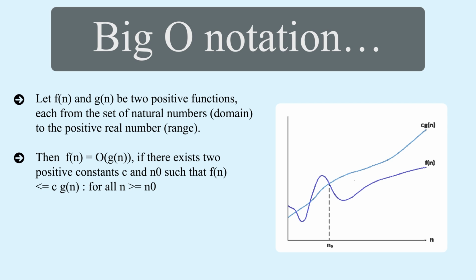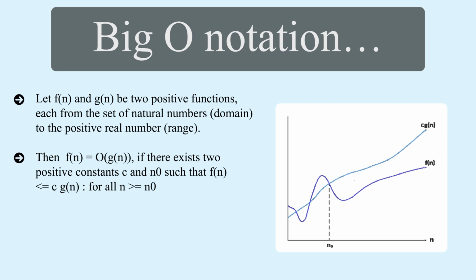Well, let f(n) and g(n) be two positive functions, each from the set of natural numbers to the positive real numbers, which is going to be the range. Then f(n) is defined to be of order g(n) if there exist two positive constants c and n0 such that f(n) is less than or equal to c g(n) for all n greater than or equal to n0.